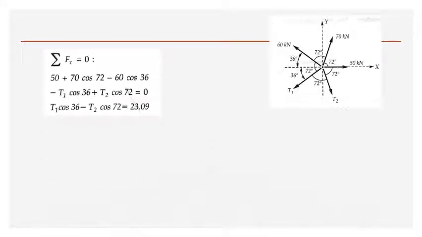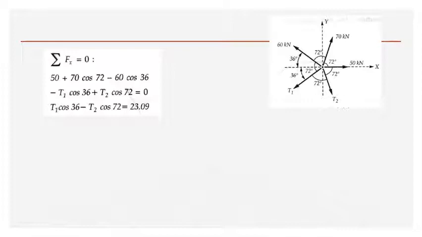So this is the diagram just drawn. T1 and T2 are the unknown forces. As usual, apply the conditions of equilibrium. Summation of all the forces along the x-axis is equal to 0, or the summation of all the horizontal forces is equal to 0. 50 is acting horizontally, so 50 towards right plus 70 kilonewton towards right, with angle of inclination 72 degrees, so plus 70 cos 72, minus, here interesting, what is the angle between 60 and T1? 72, right?